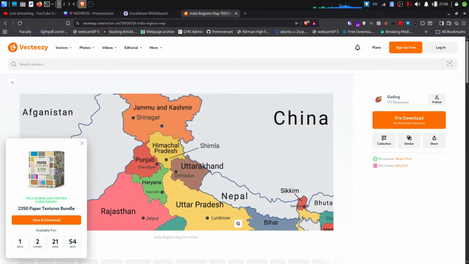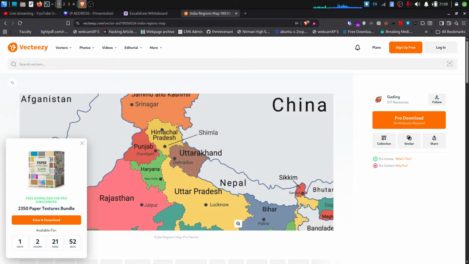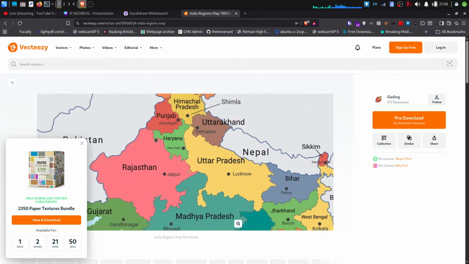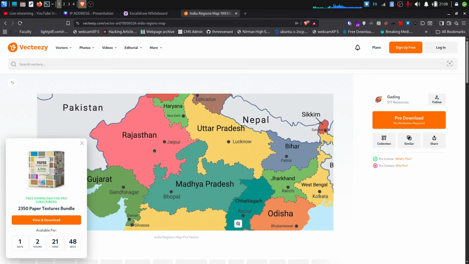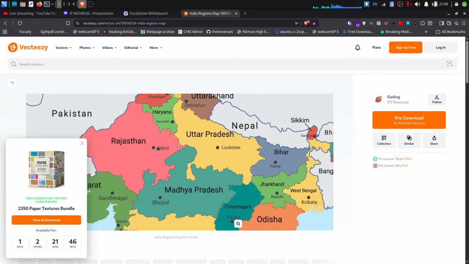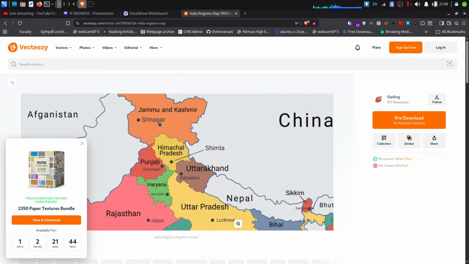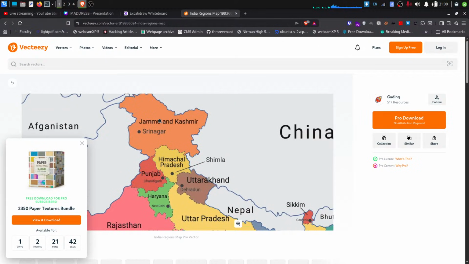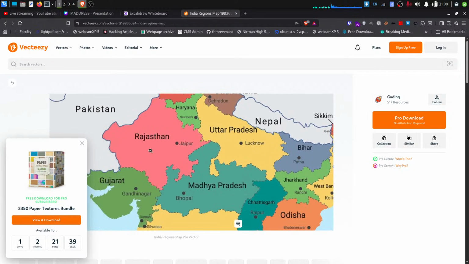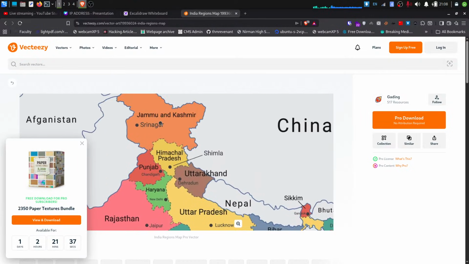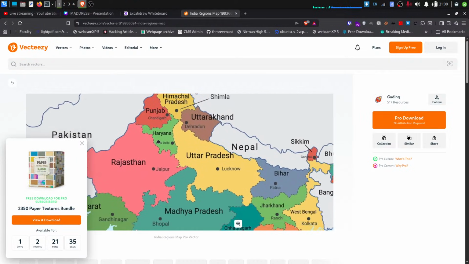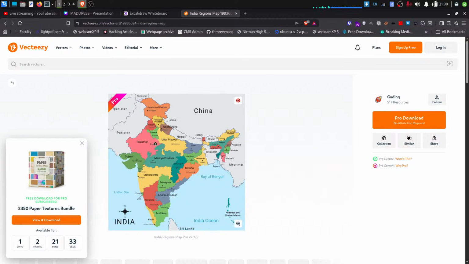Then it goes from J&K to Himachal Pradesh, then Punjab, then Haryana, then Rajasthan, and it ends in Jaipur, Rajasthan. So we have four states here: Himachal Pradesh, Punjab, Haryana, and Rajasthan.